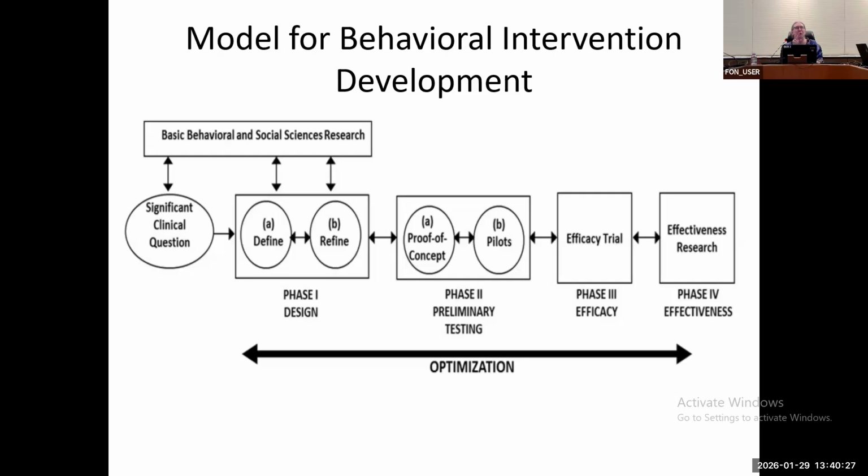I heard from two of you, which I was very excited to hear, that you've done a systematic review, you've done some qualitative work, and now you're looking at how to move forward with intervention development. So this is a very, very good model for you to take a look at.